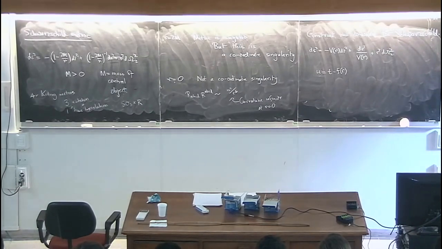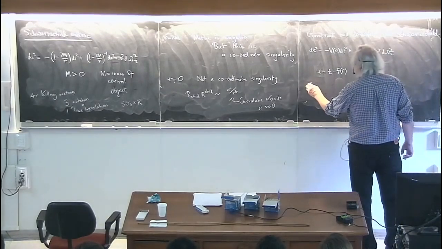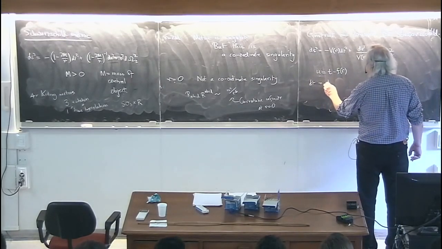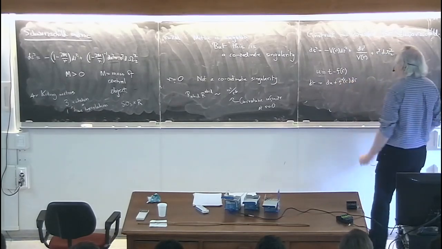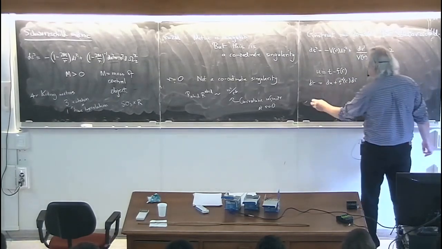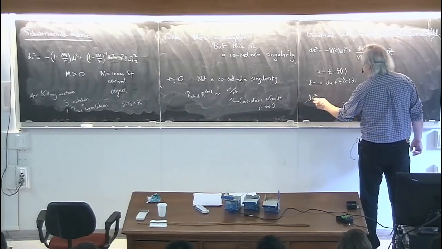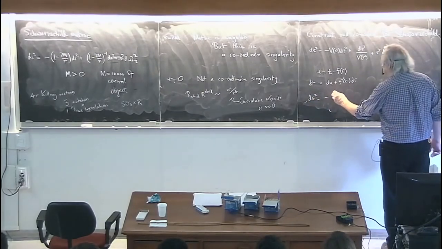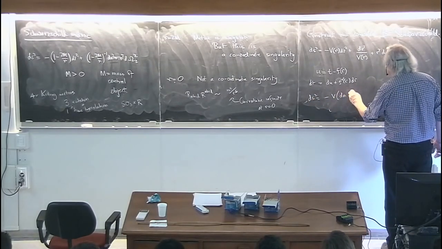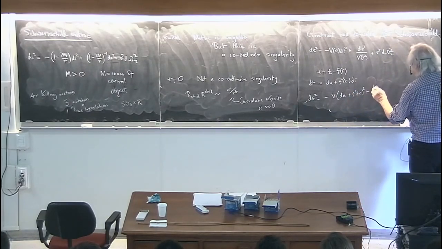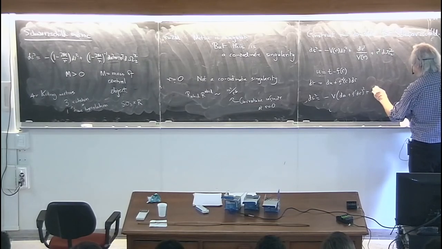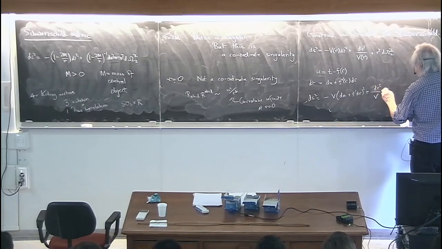It's sort of similar to what we did in Minkowski space. So every time you see dt, you write du plus f prime of r dr, and substitute into here, and you will get ds squared is equal to minus V (du plus f prime dr) all squared plus dr squared over V plus r squared d omega squared.